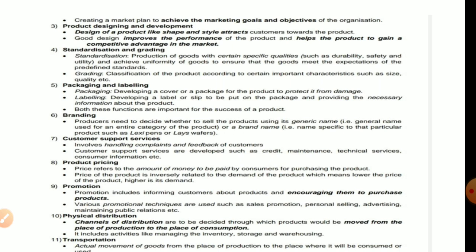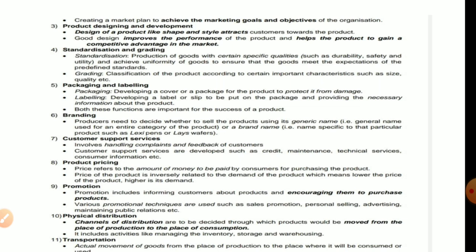Customer support services. How you handle the complaints and feedback of customers is customer support services: after-sale services, maintenance, technical services, customer information, etc. Product pricing. The price, related to the amount of money to be paid by the consumer for purchasing the product, is also an important term. The price of a product is inversely related to the demand for the product, which means the lower the price of the product, the higher the demand.